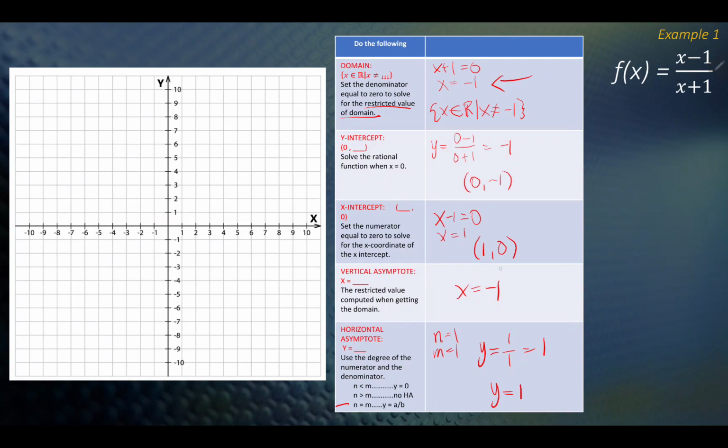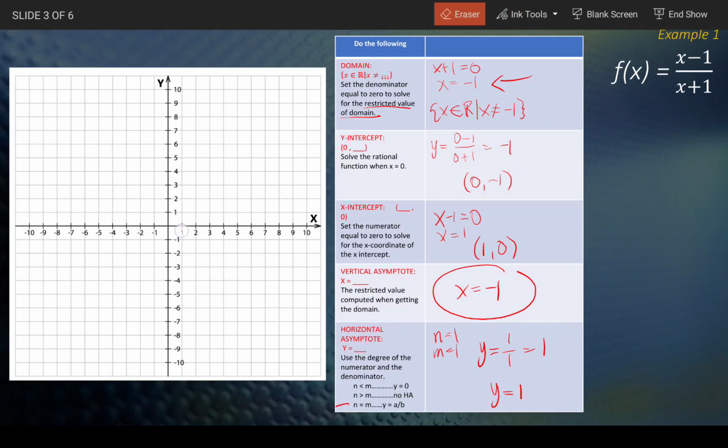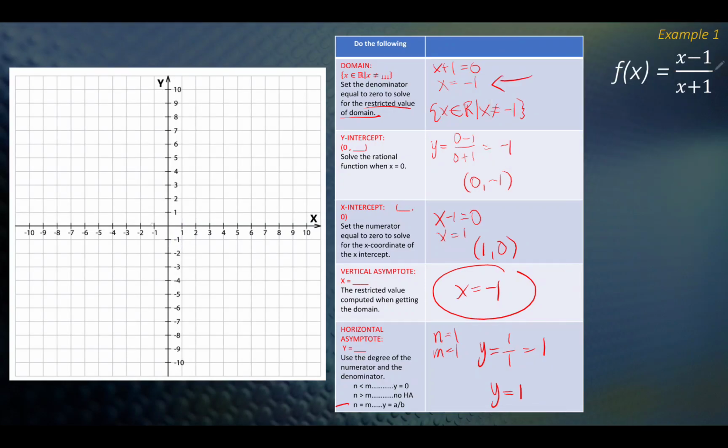So at x equals 1, we have to look at the x-axis, and at x equals 1, we have to draw a vertical line. Rather, at x equals negative 1. I'm looking at a different value. So this is x equals negative 1. And then we have the point there, and we have to draw a vertical line there.